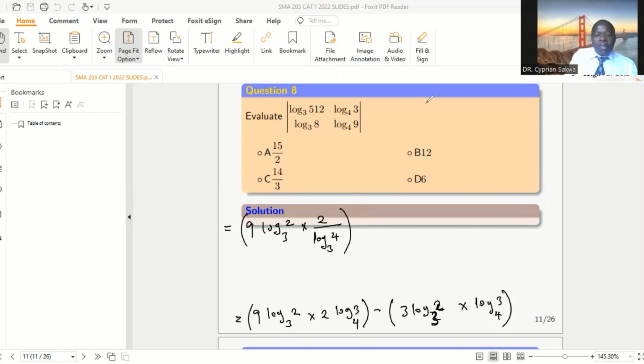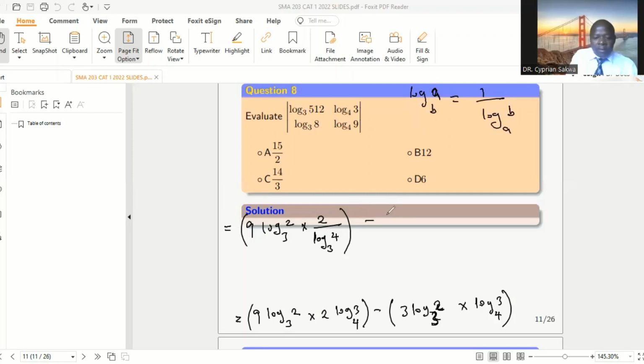Remember what I just said? What I just said is that if I'm given log of a to base b, this is the same as 1 out of log of b to base a. So that's what I did here. This part here is the same as 1 out of log of 4 to base 3. But there's a 2 in the numerator, so I get this.